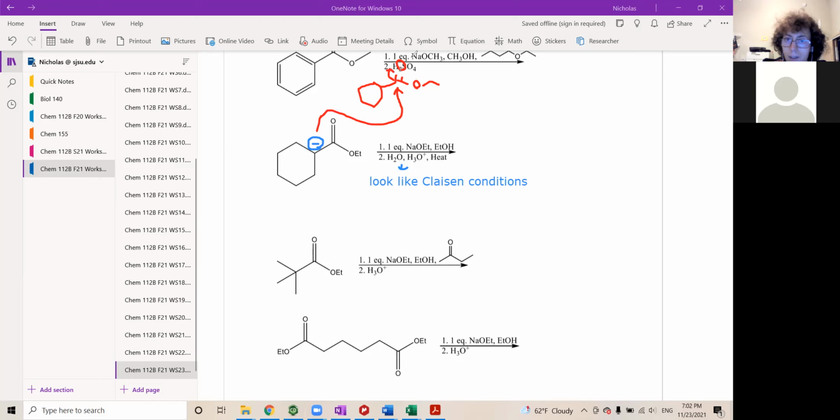It's going to be attacked. And in the end, we're forming a new bond at the alpha position. There's a ketone here. It looks something like this.